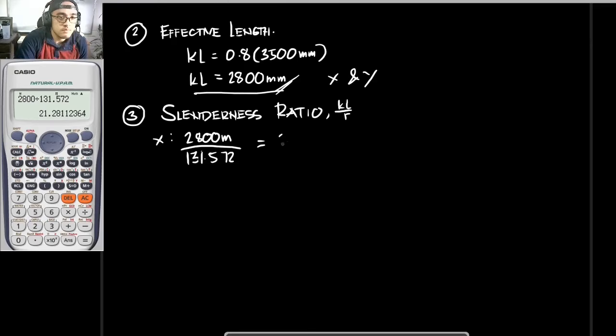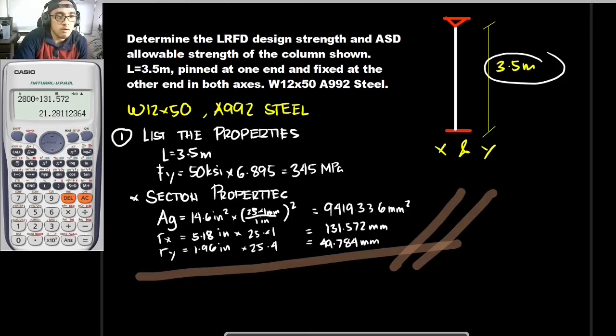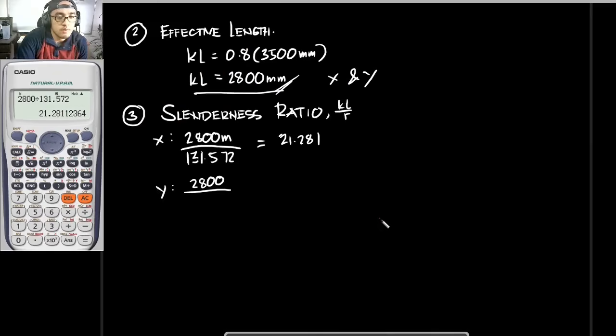21.281. Okay, so that would be the slenderness ratio for our first. So, sa x-axis natin. What about for the y-axis? So, for the y-axis, that is to be 2,800 divided by, what would be our ry? That would be 49.784. So, let's say 49.78 na lang.